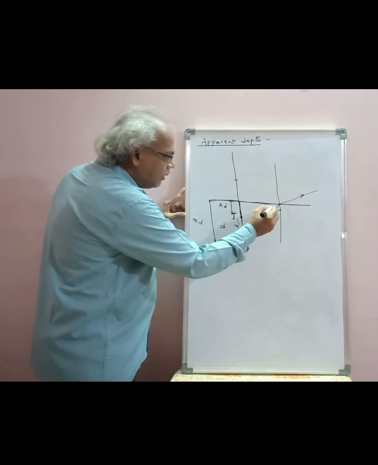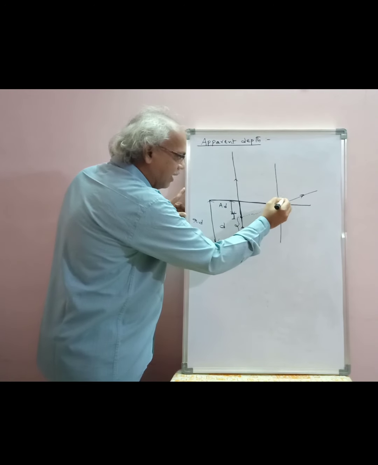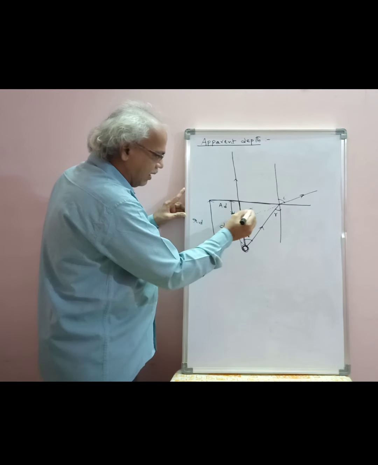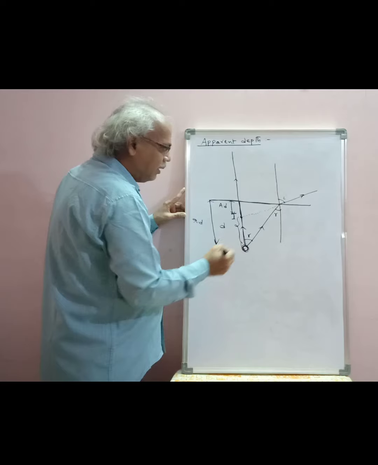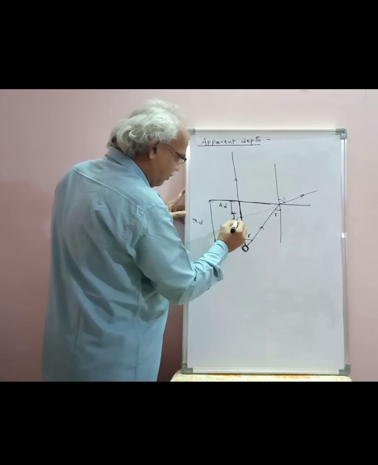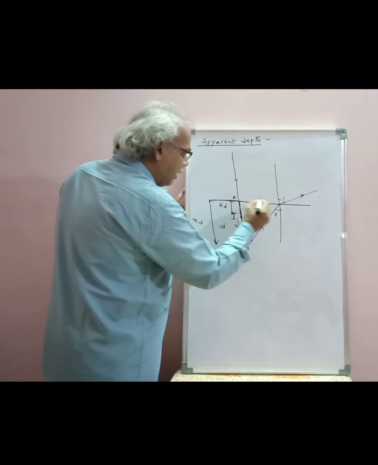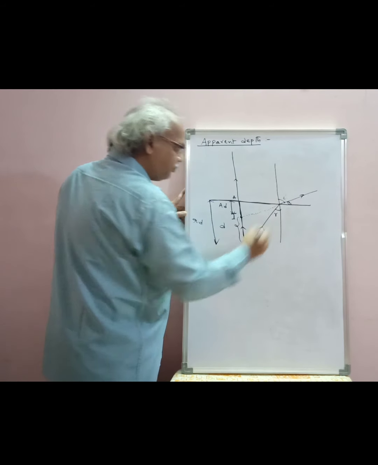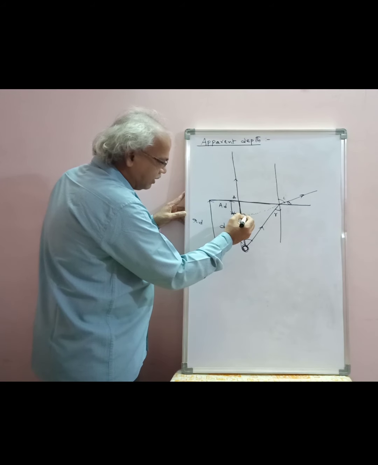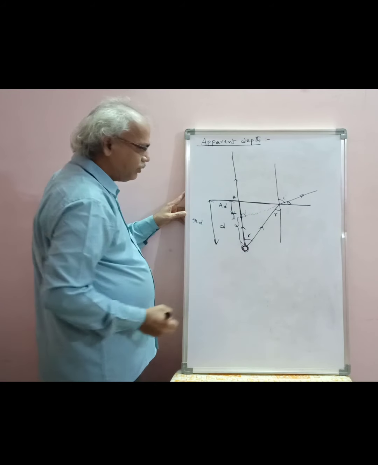Here it makes some angle of incidence. So it is the angle of incidence. Here we name some points, A and B. Here it is the angle of incidence, here also the angle of incidence.